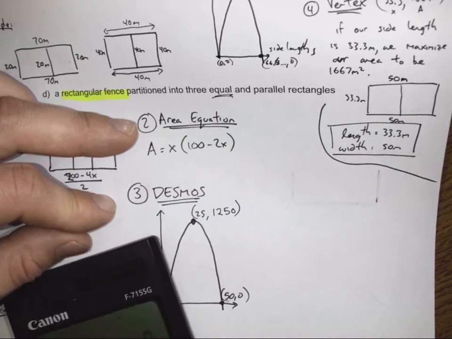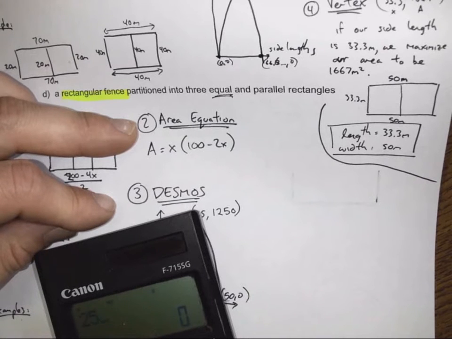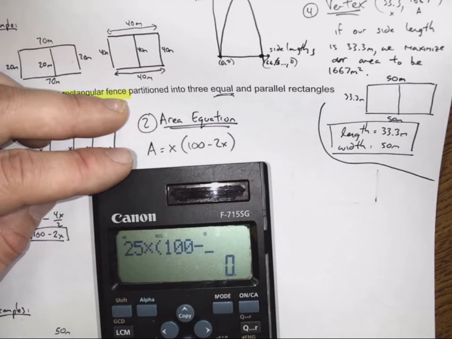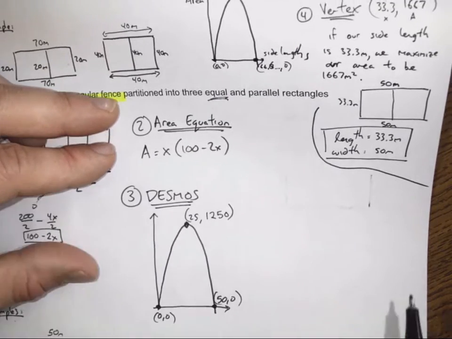I'm just going to confirm that. I'm going to choose 25 times 100, take away 2 times 25. Sorry, I'm not looking at Desmos right now. 1250. Okay, great.